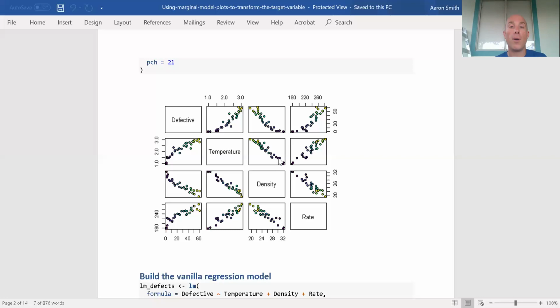So the slopes can counteract each other for temperature and density. In a higher dimensional sense, it can get a lot more complicated when we have collinearity. It could be that density and rate account for all the information in temperature when they're together, but not when they're present individually. That's something to watch out for. This is why we always need to do variable selection.